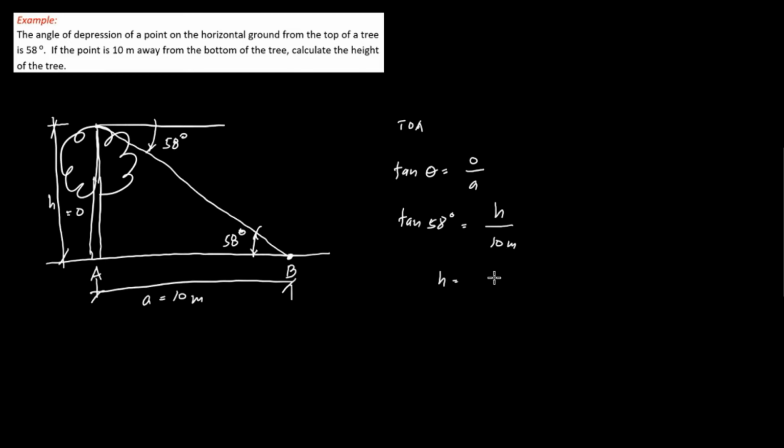So H is equal to, cross multiply, 10 times tangent 58 degrees, which is equivalent to 1.6003, or H is equal to 16.003 meters, or H is equal to 16 meters. So this is the height of the tree, which is 16 meters.